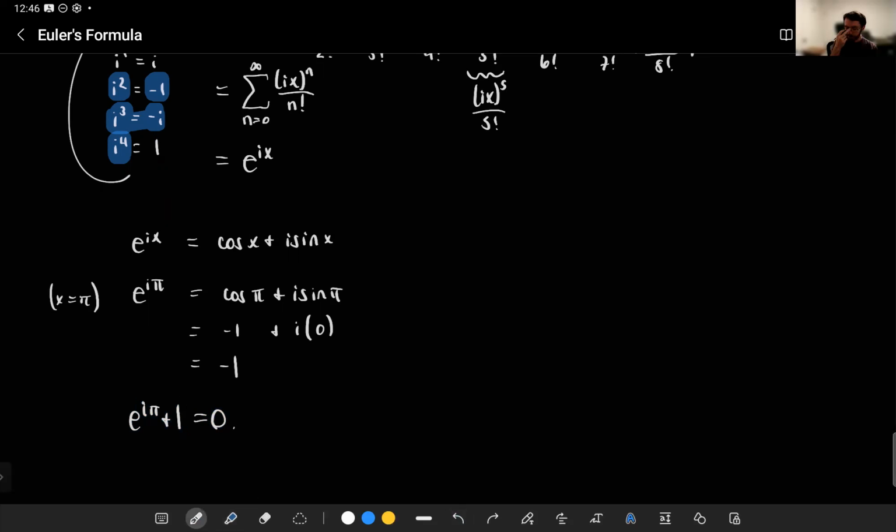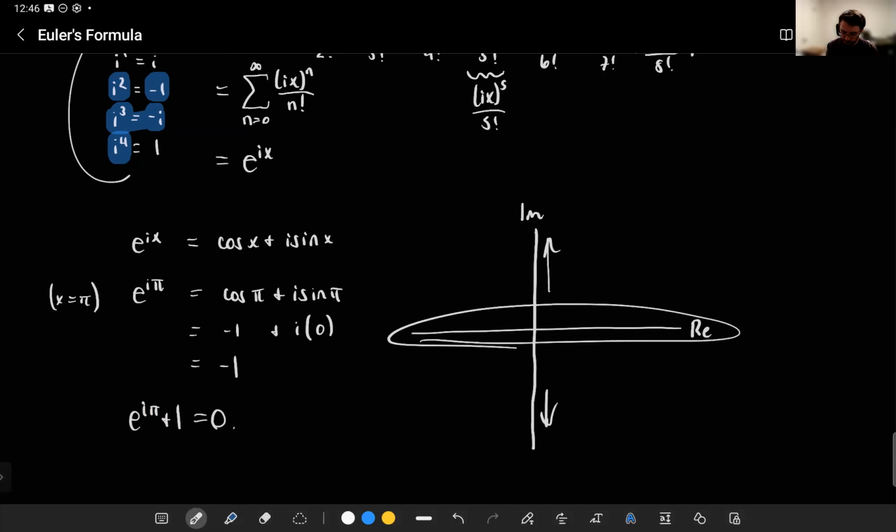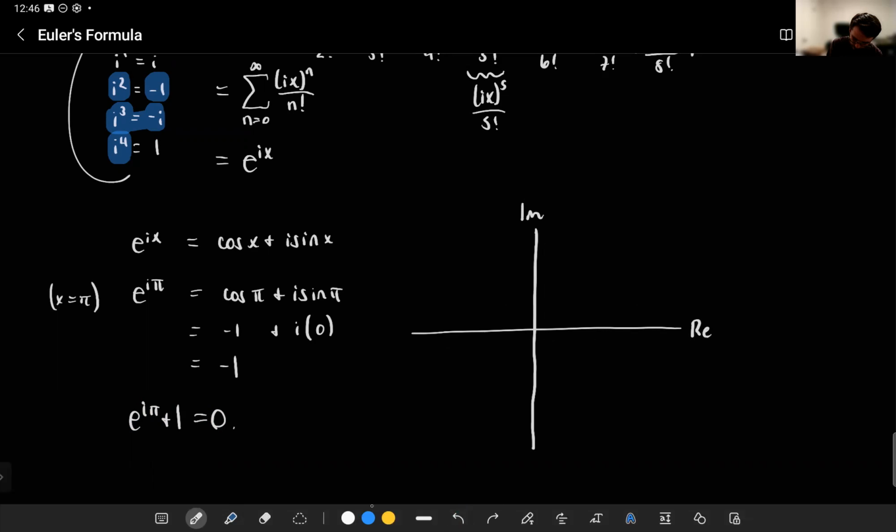And if you haven't seen this before, the magic behind the scenes that's happening is you're imagining the complex plane. So you have some imaginary part and some real part. And all your i's are up here or down here, whereas the real axis is what you're used to. And what's actually happening is that if you start with any value, say we just looked at 1, asking the question, what is e to the ix?